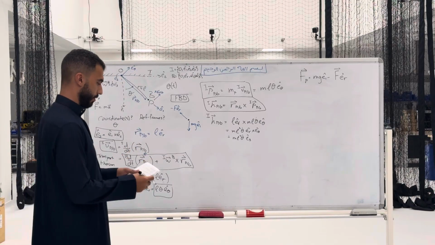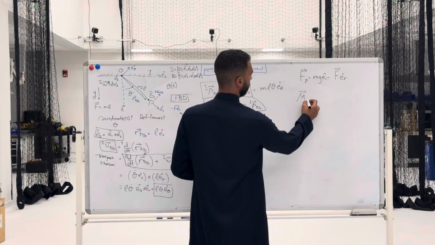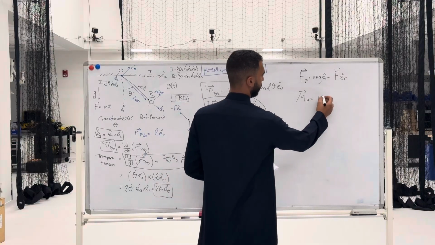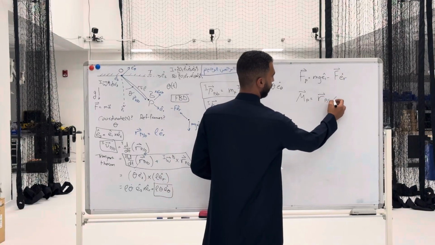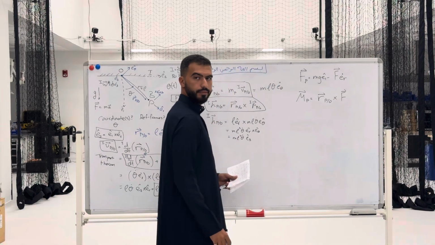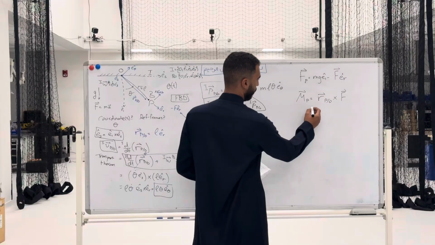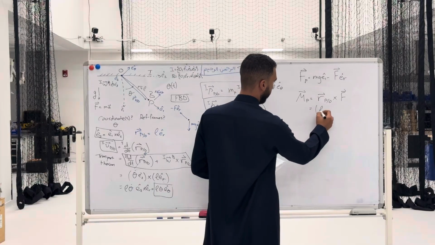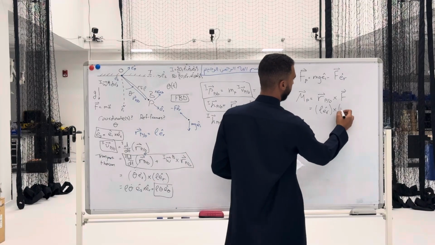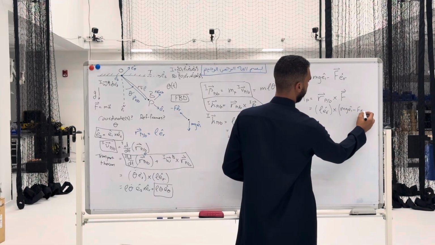Okay. So, what is the moment of this force? The moment, as you know, is just the R crossed with the F, right? Very simple. So, we have L ER crossed with mg E1 minus F ER.